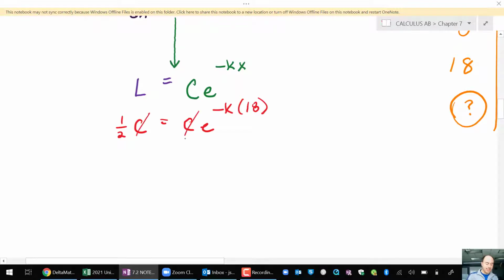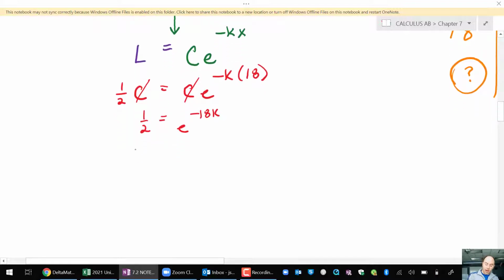In this case, the C's cancel out. So 1/2 is equal to e to the negative 18 times k. If I take the log of both sides, I get the natural log of 1/2 equals negative 18k. And so my k value will end up being the natural log of 1/2 divided by negative 18.